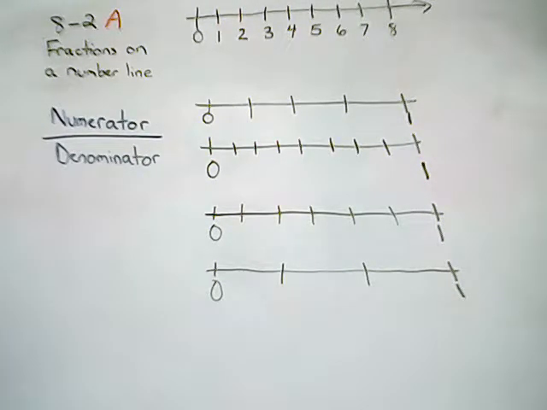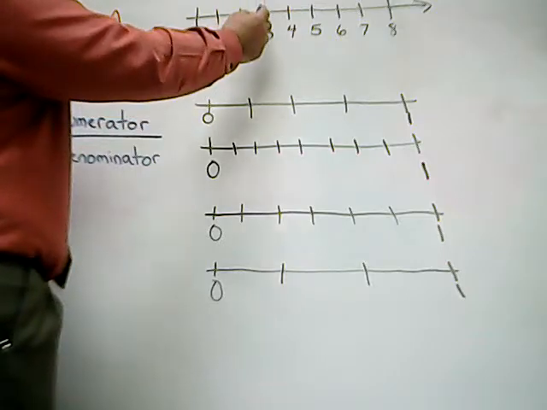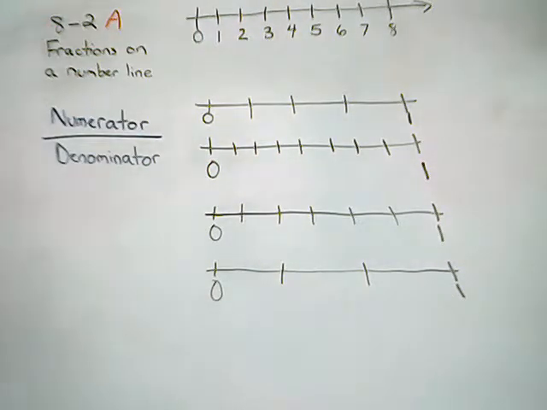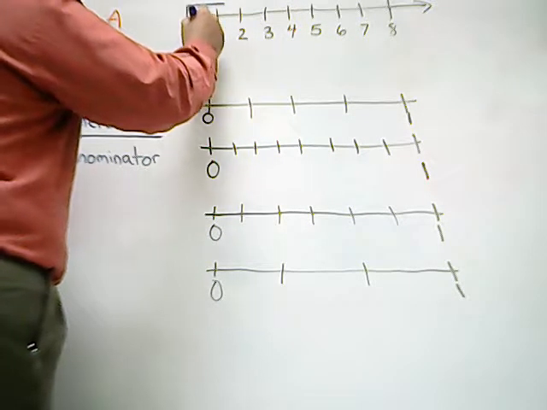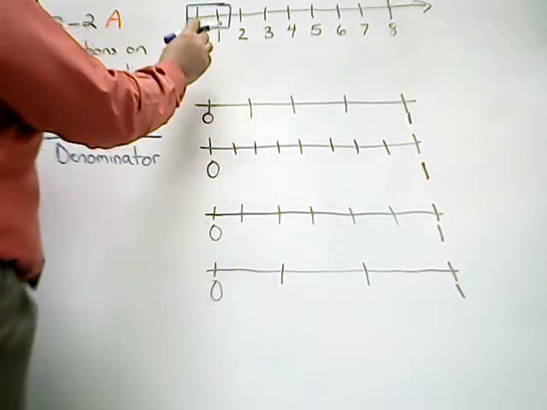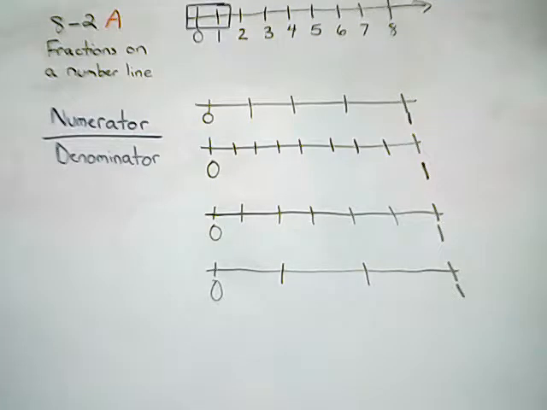When we were younger, we may have used number lines to help us add and subtract. And we'd go 0 to 1 to 2, 3, 4, and so on. When we talk about fractions on a number line today, we are going to talk about a very specific zoomed-in section. We're going to talk about that section between 0 and 1. The reason for that is because fractions are parts of one whole thing.